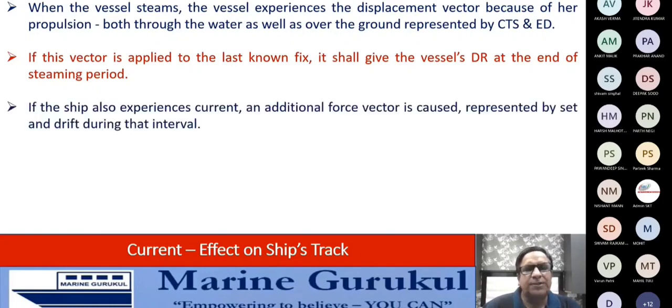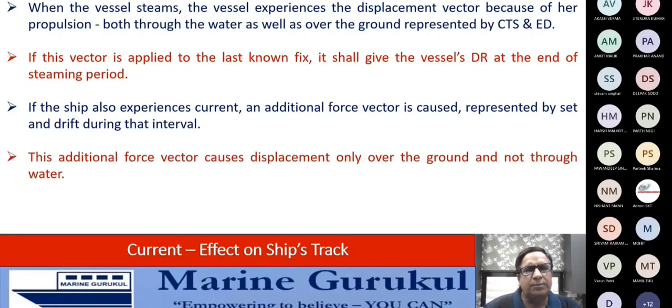If the ship also experiences current, an additional force vector is caused, represented by set and drift during the interval. This additional force vector, because of the current, causes displacement only with respect to ground or over the ground and not through water, because the water and ship float together or drift together because of the current, and so there is no displacement of the ship in relation to water caused by the current.